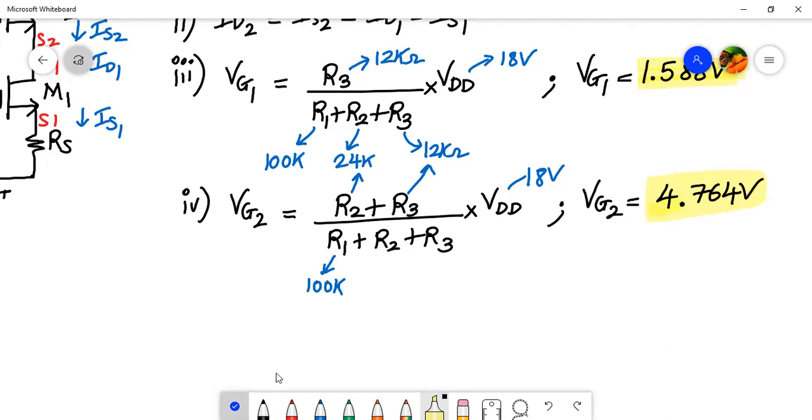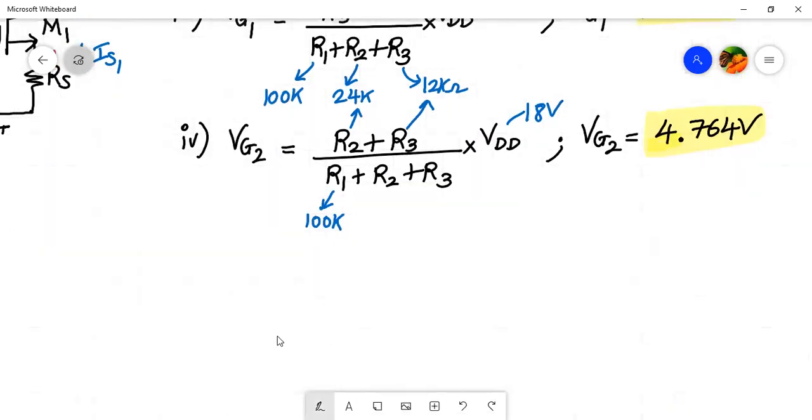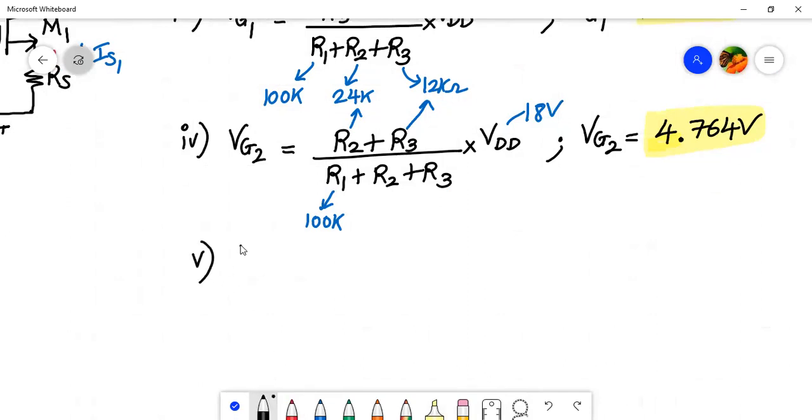Next we have to calculate the value of VGS and ID. So let's proceed forward. We can write VGS1 is equal to VG1 minus VS1. And what's the value of VS1 from the diagram?